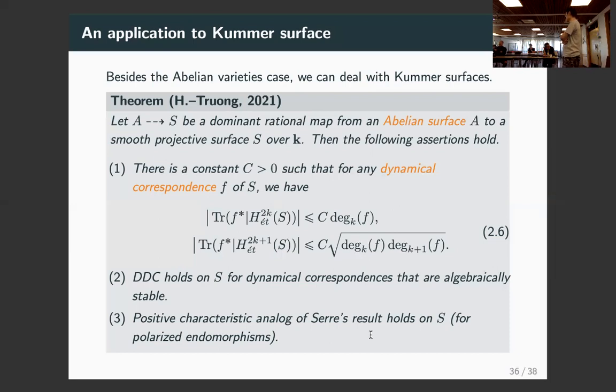When you have Q_l, if you can embed into C, then we can talk about the log, and everything is okay. So the last one is that the positive characteristic analog of Serre's result holds for this kind of surfaces.